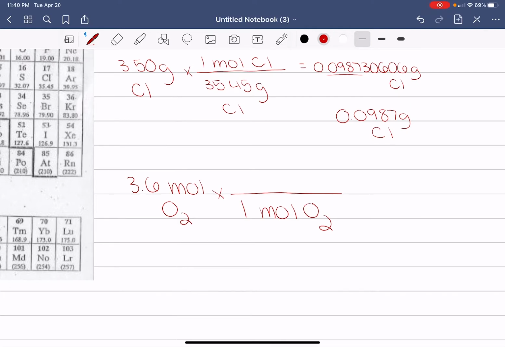And for oxygen, it's 15.999 times, not 3, 2, because you have 2 molecules of oxygen.